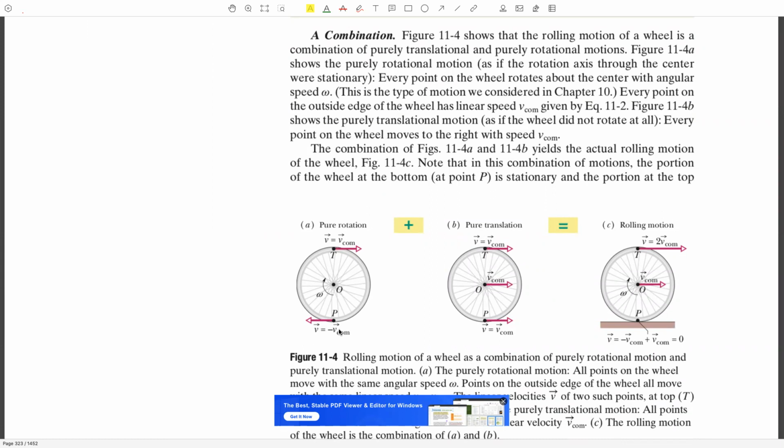So what that means is that for part A, all it's asking for is to use the equation for the linear velocity in terms of angular velocity, and that's just multiplying the radius times the angular velocity.